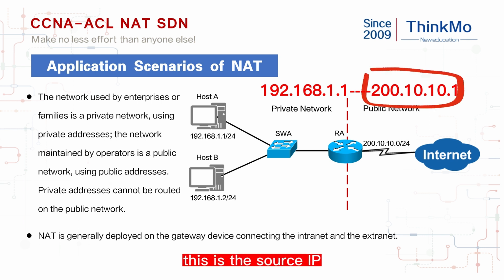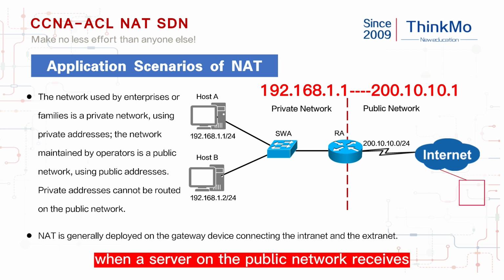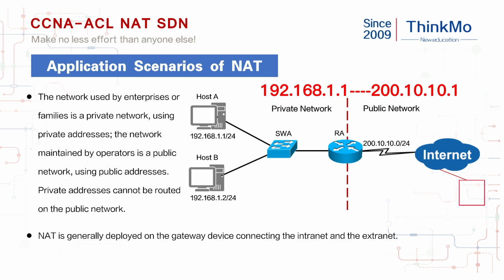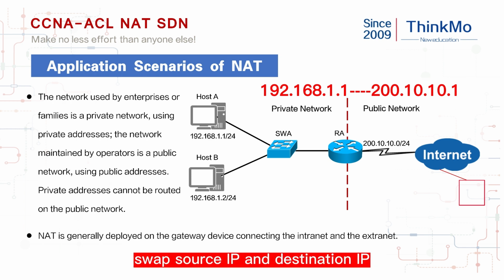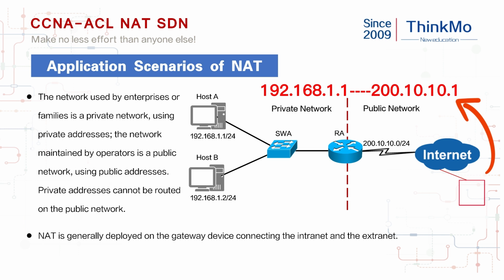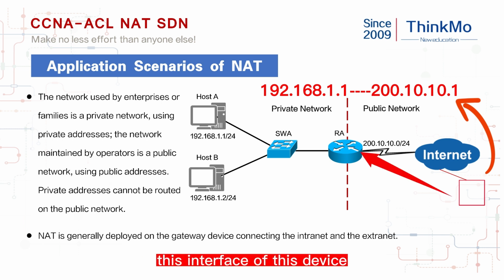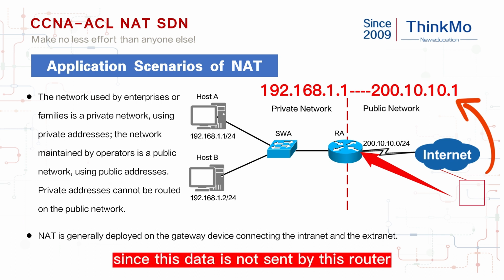This is the source IP. When a server on the public network receives the data, it replies by swapping source IP and destination IP, so it replies to this public address. Then this data will be returned to this interface of this device. Since this data was not sent by this router, it has to check locally: did someone just go online with such an address?